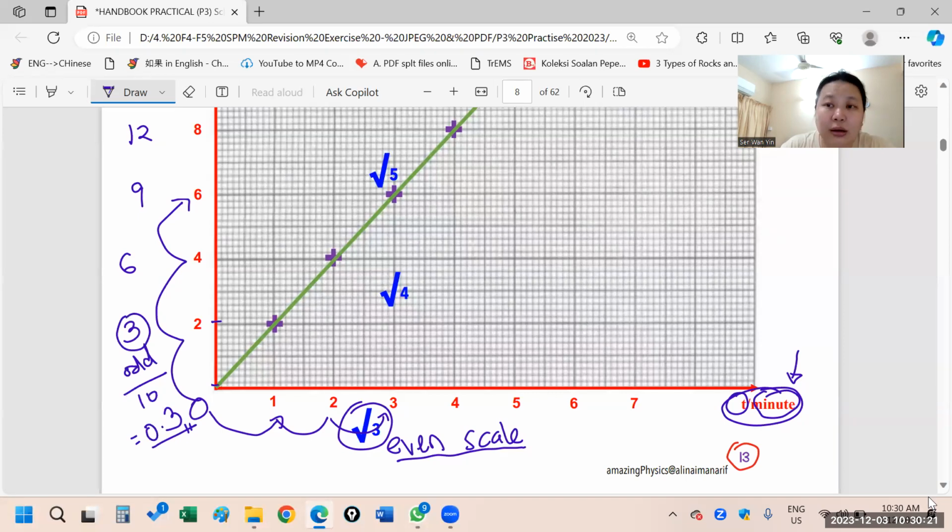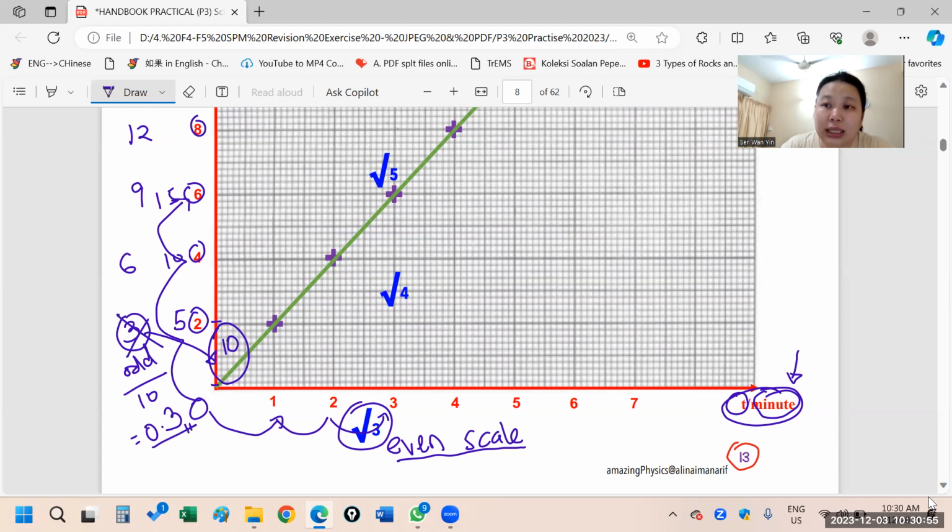Actually, it's hard to calculate. Even number is better. But let's say you want to use 5, 10, 15, can or not? Can, because this is a multiple of 10. So multiple of 10 or factor of 10 can. 3 is not a multiple of 10, so cannot.